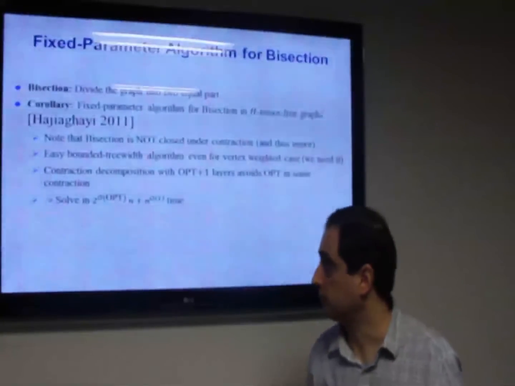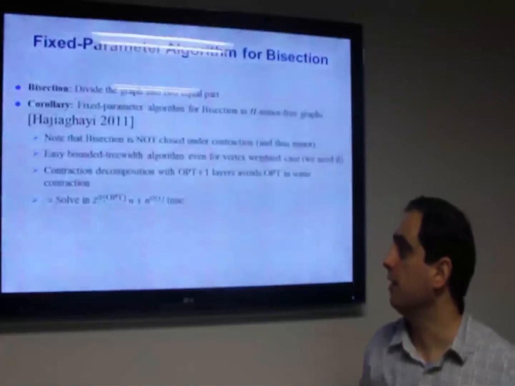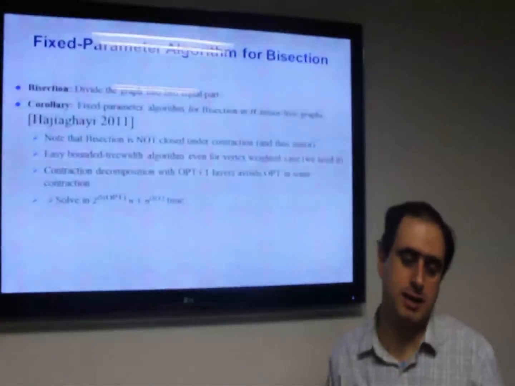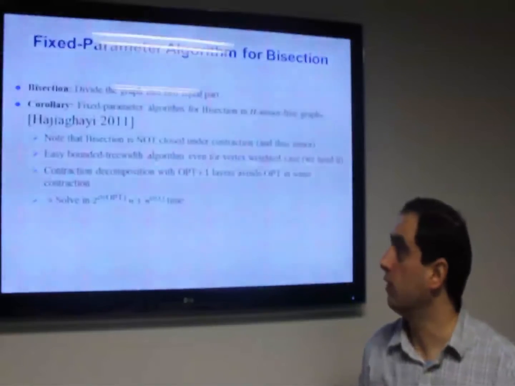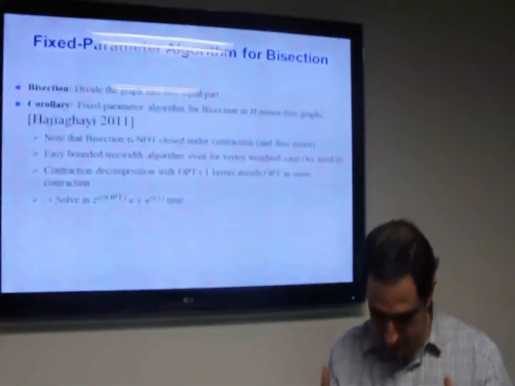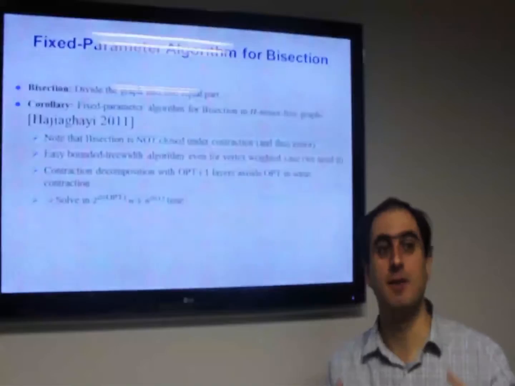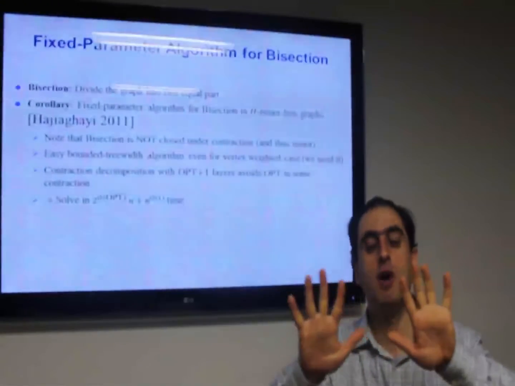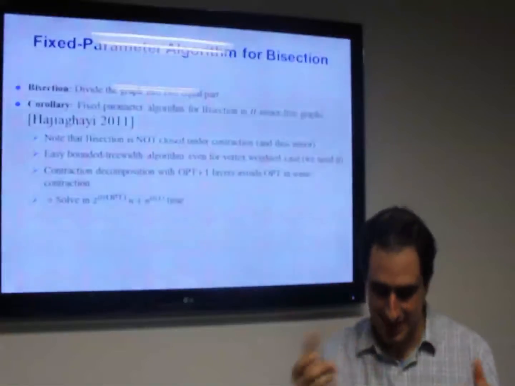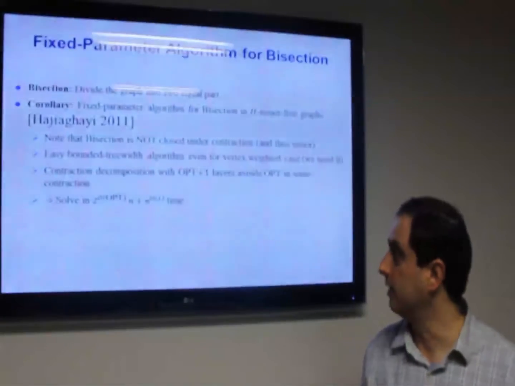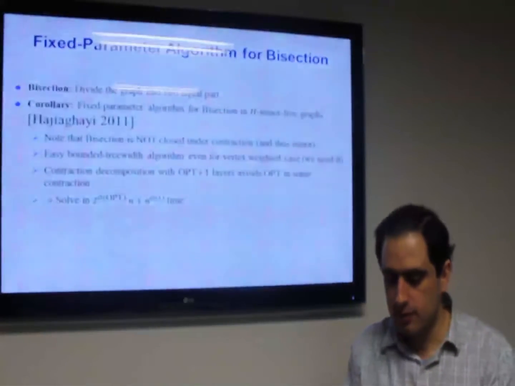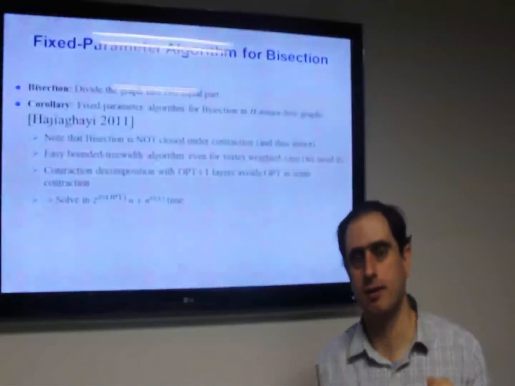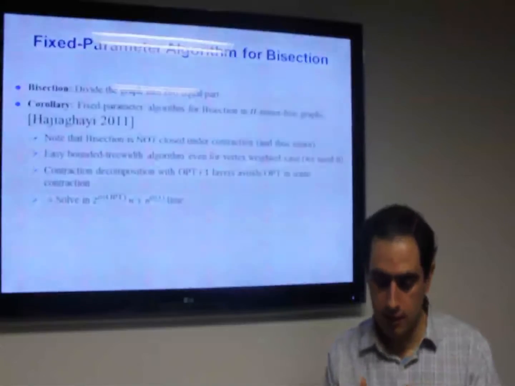Why? Again, consider the optimum solution for this problem. You can guess the optimum solution. We want to say whether there exists a set of k edges such that you can remove them, and then the graph divides into two equal parts. k is the optimum solution. For any k, you essentially use this partition into k plus 1 sets.